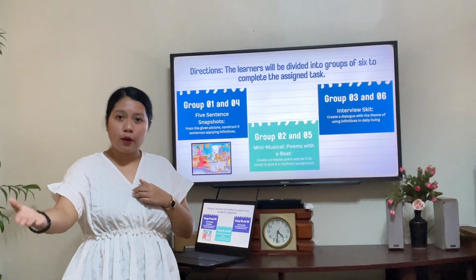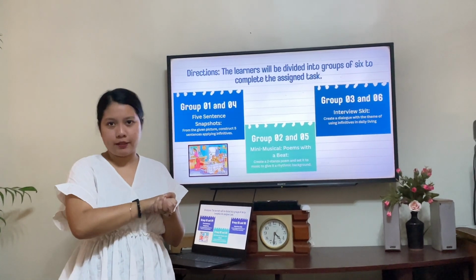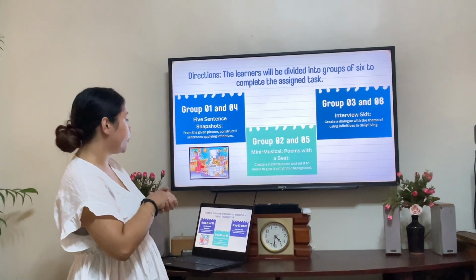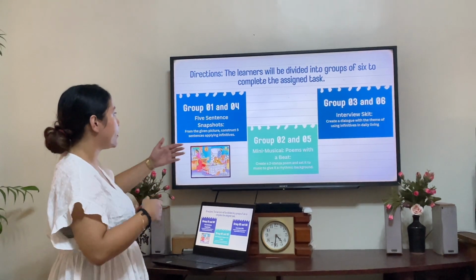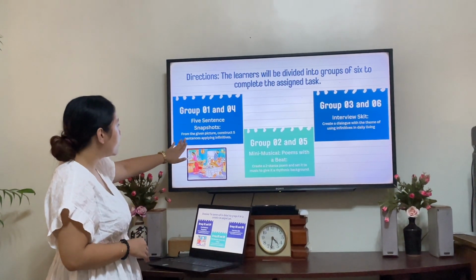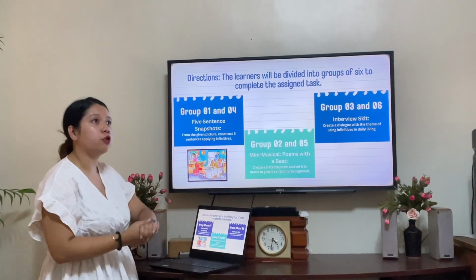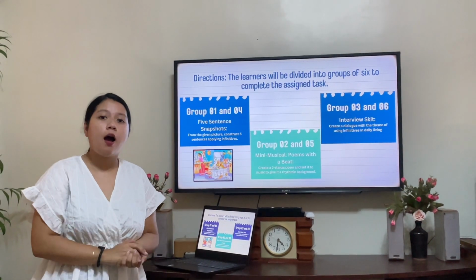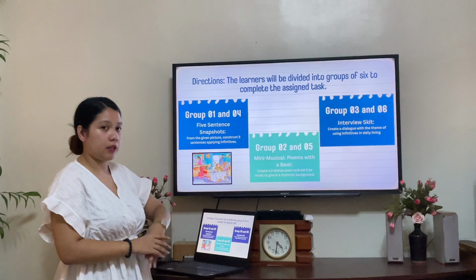So count from 1 to 6 first. Okay. So for group 1 and 4, your activity is entitled 5 Sentence Snapshots. From this given picture, you just have to construct 5 sentences applying the infinitives.